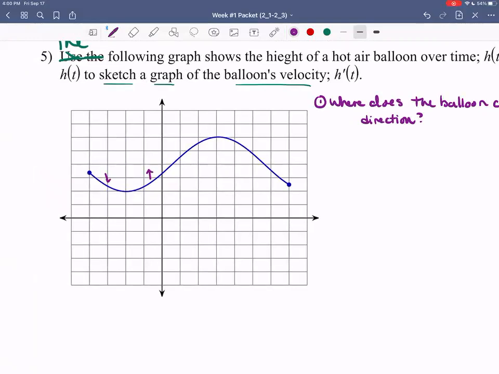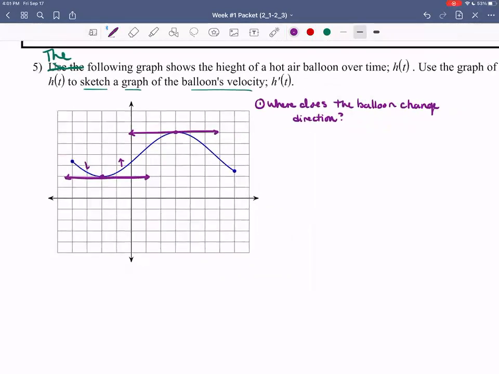So when it changes this direction from decreasing to increasing, that will be a place where our tangent line is horizontal. When we have a horizontal tangent line, what does that mean for our derivative? That will mean our derivative is 0. So where else on our graph do we have a 0 tangent line? Up here at this peak.